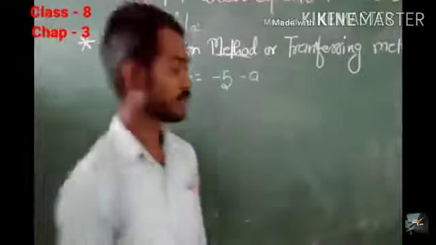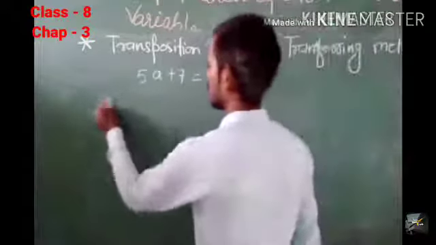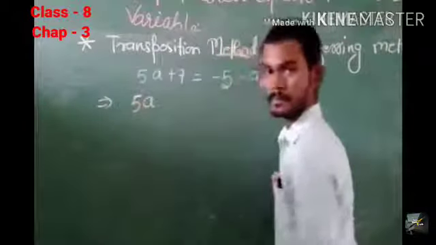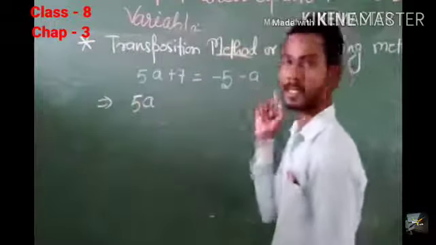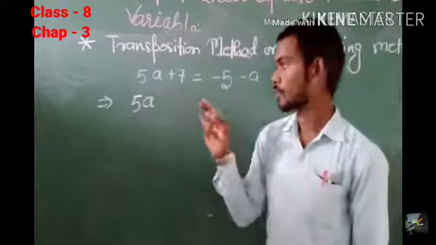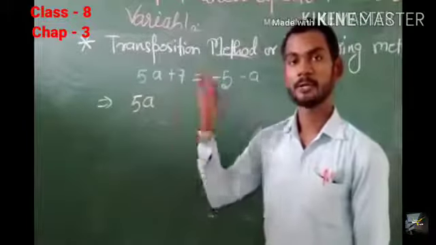So we write this 5a. Here we can see that minus a. When a negative sign goes from left to right or right to left, it becomes positive.